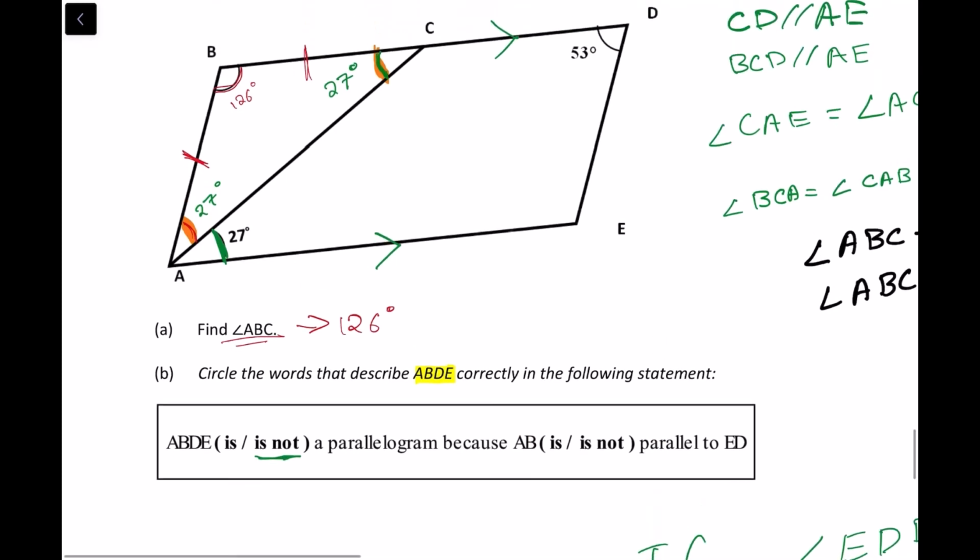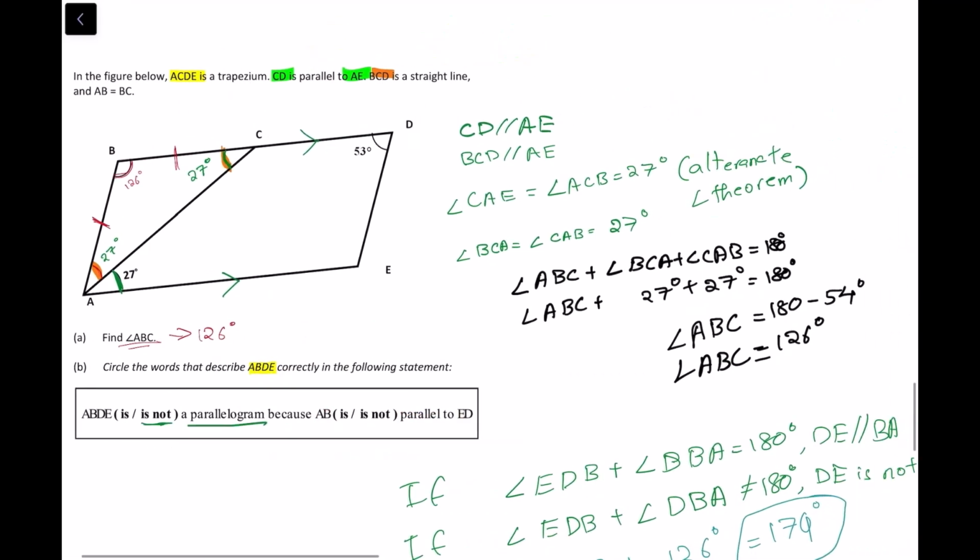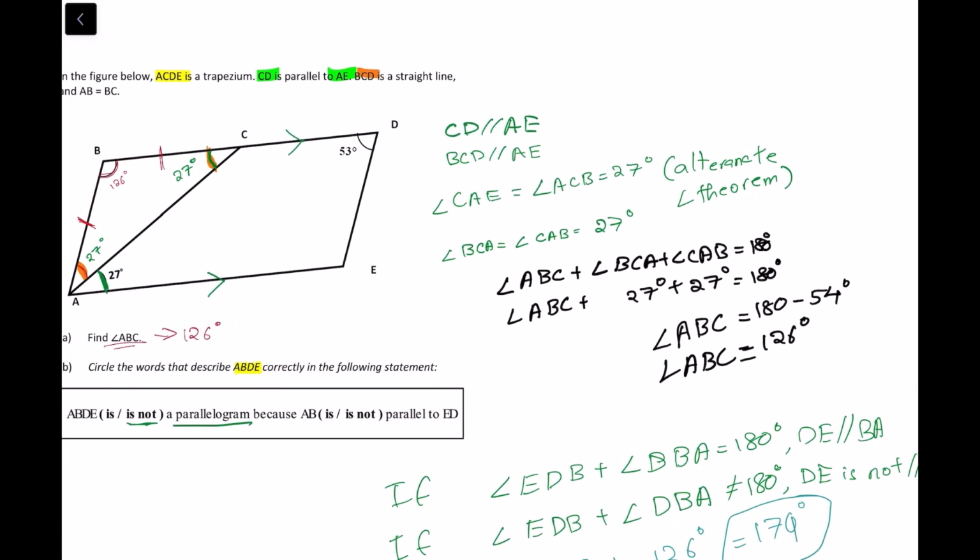Okay, why is it not a parallelogram? This is because in a parallelogram you have two pairs of parallel lines. If I draw a parallelogram out, you would observe that this side is parallel to this side, and this side is parallel to this side.